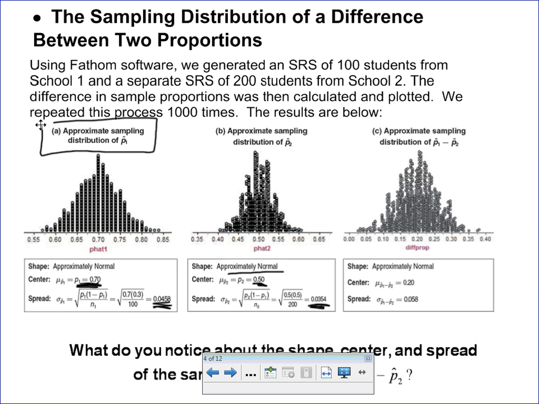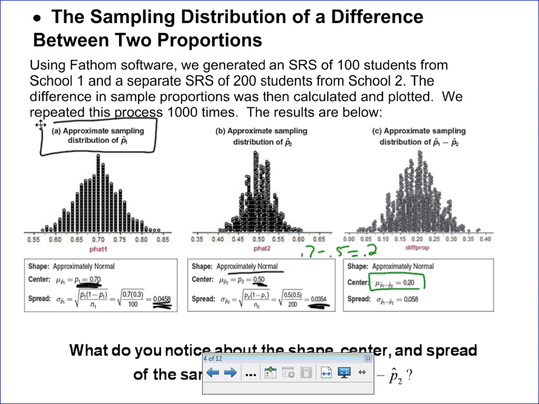So let's talk about the difference. We're going to take a sample from population 1, and a sample from population 2, and calculate the difference. Now, the center is 0.2, and that makes a lot of sense, because 0.7 minus 0.5 equals 0.2.